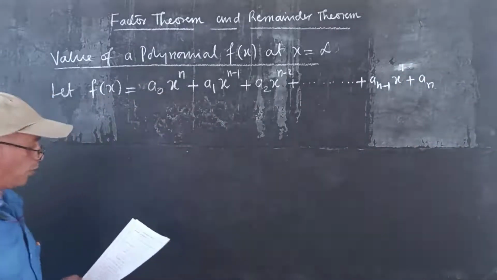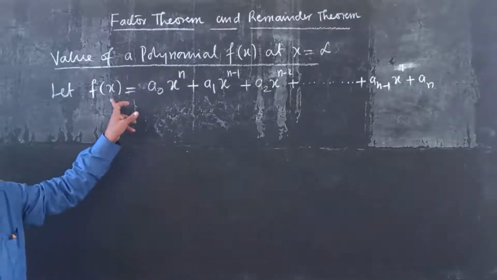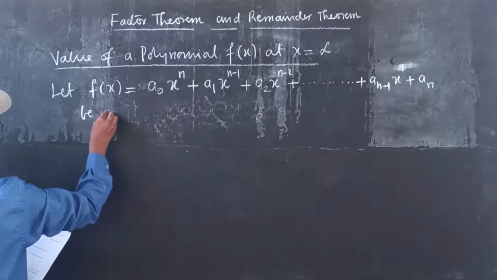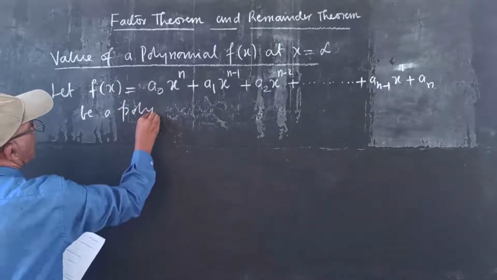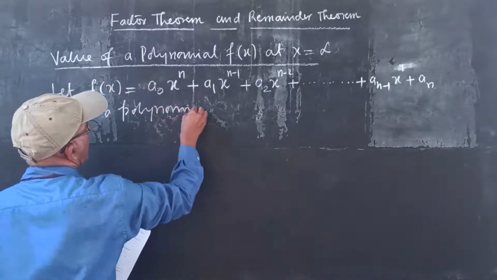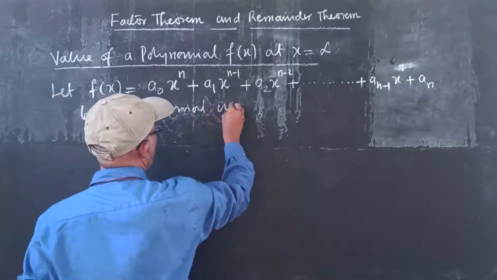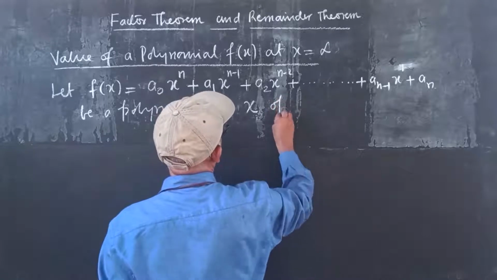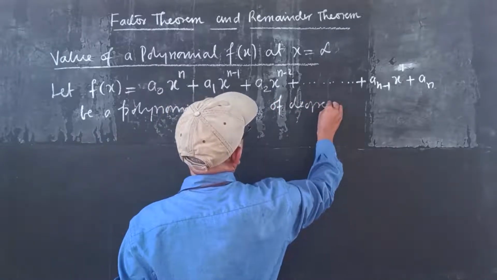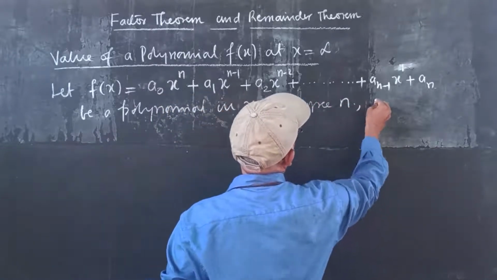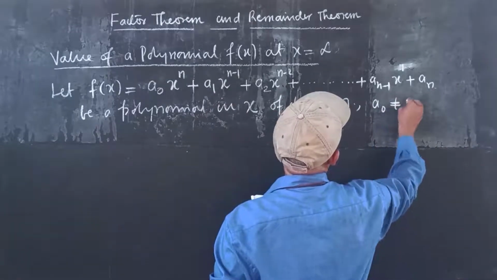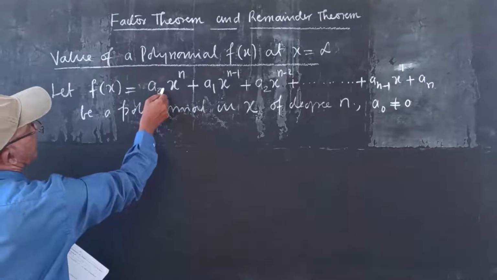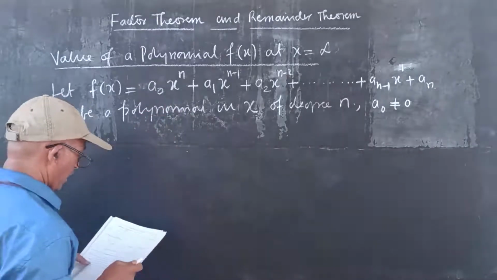We know it is a polynomial and it is denoted by f(x), a polynomial in variable x of degree n, provided a naught is not equal to 0. The leading term coefficient should not be equal to 0.